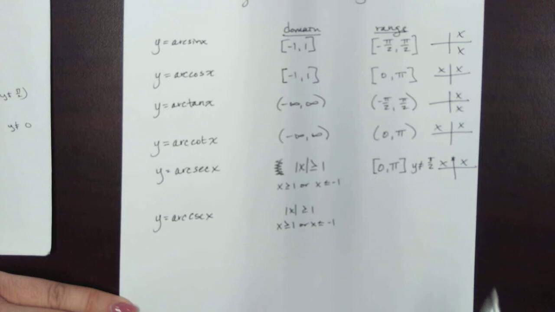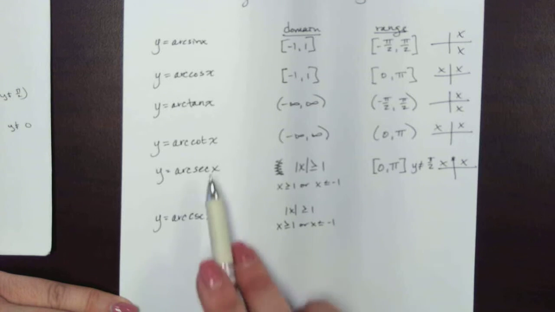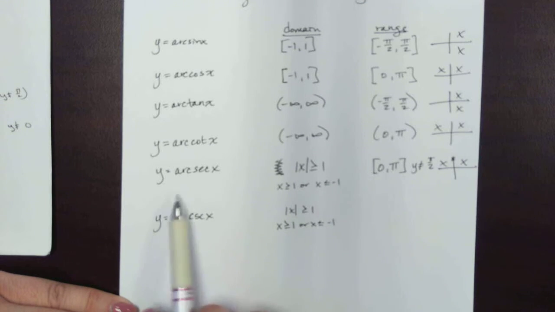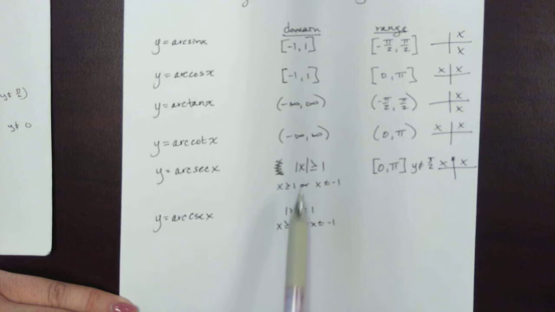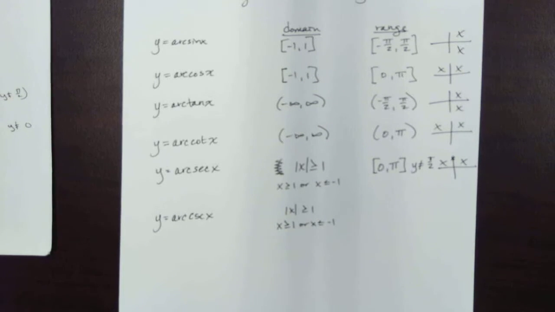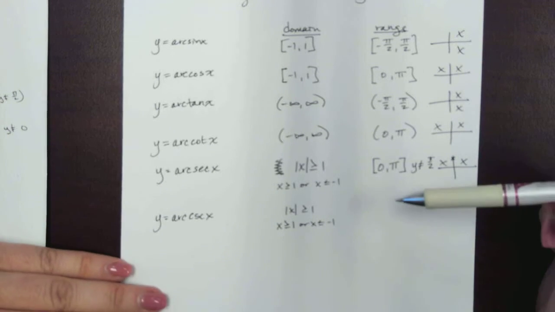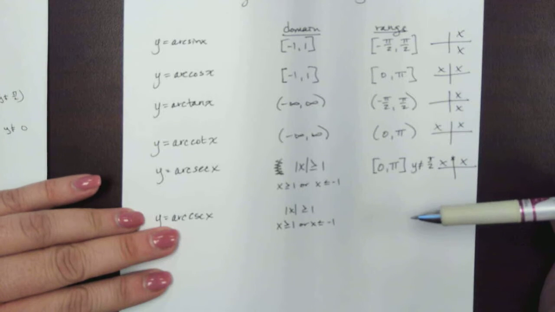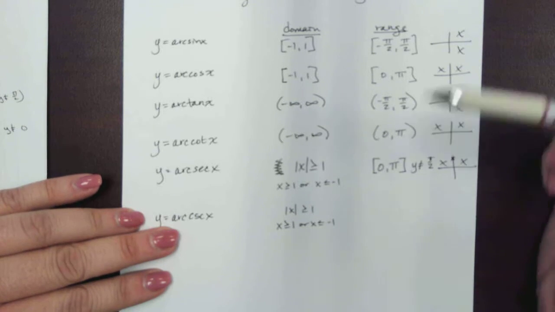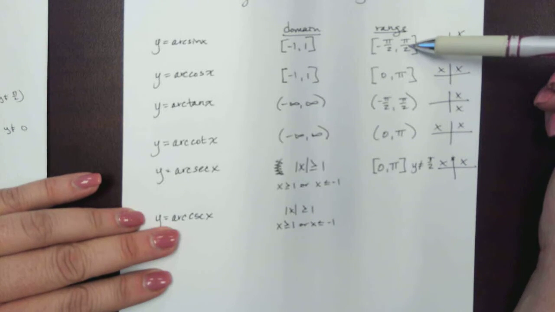Wait, so the range is the same as secant and cosecant? No, it's not the same as secant. Well, not the domain. The domain is the same. That's what I mean. Yes, the domain is the same. The range for cosecant is going to be the same as sine, oh, that makes sense.